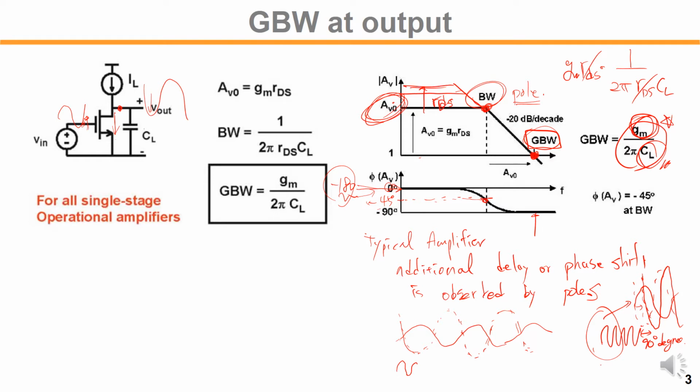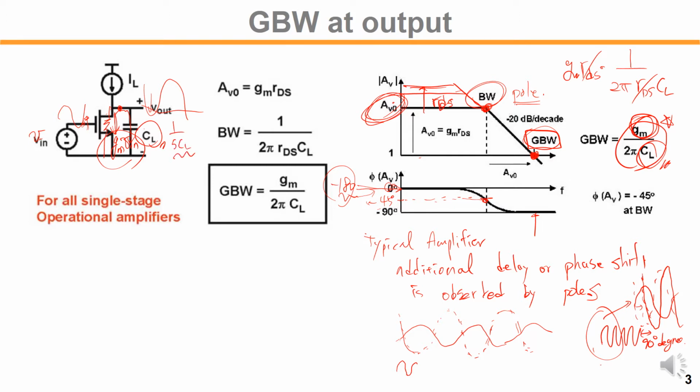So you can think of this circuit analysis for the small signal Vin. The current gm Vin will go out. All of this current will flow through the CL, because at high frequency the rds is a lot greater than 1 over sCL, the impedance of the capacitance.